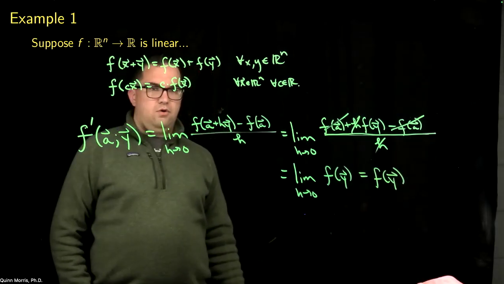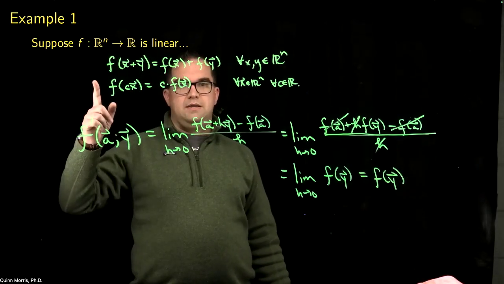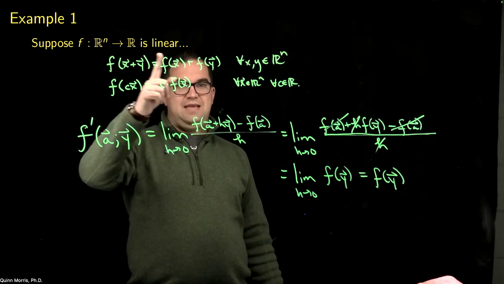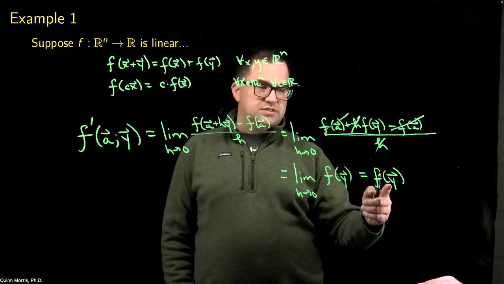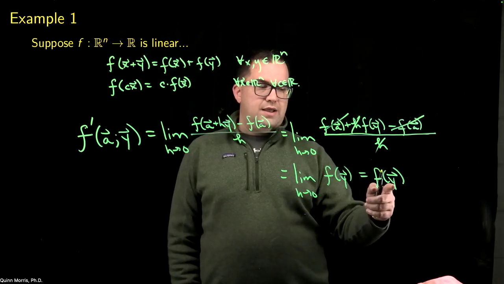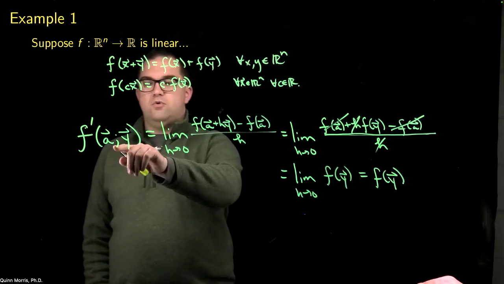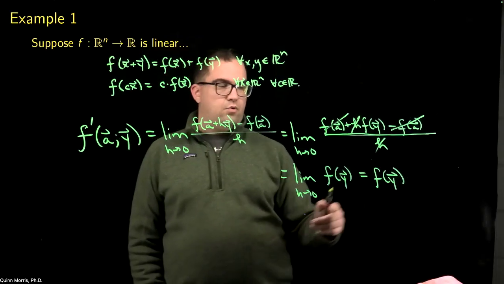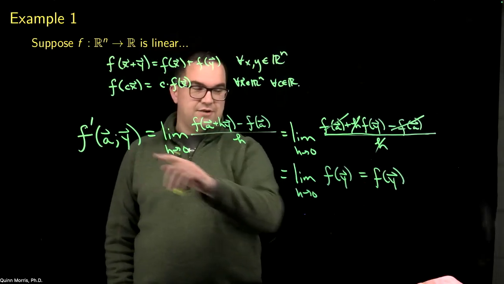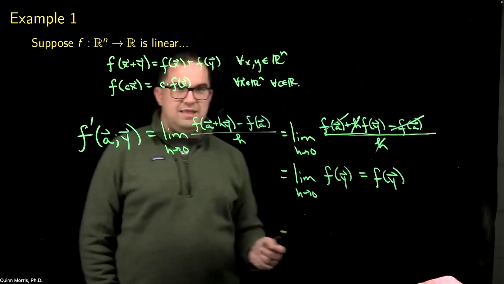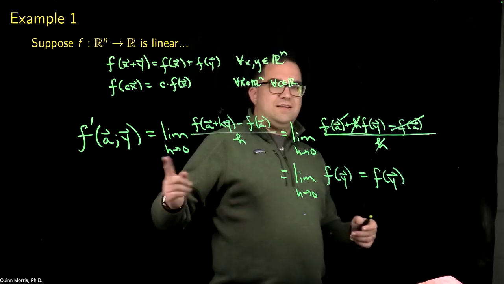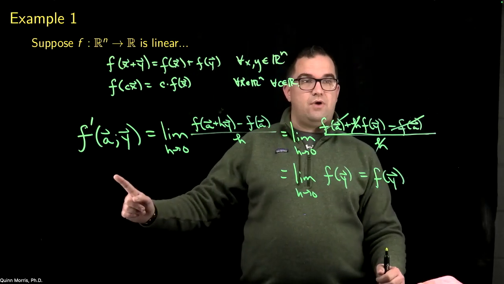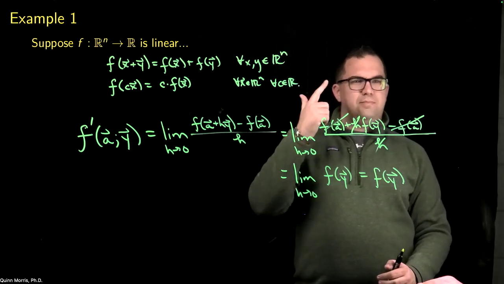And so what we see here is that if I have any linear function, its derivative with respect to a particular vector y can be found by just plugging that vector y into the linear function. Notice in particular, it does not depend on a. And if you think about it, this makes sense.